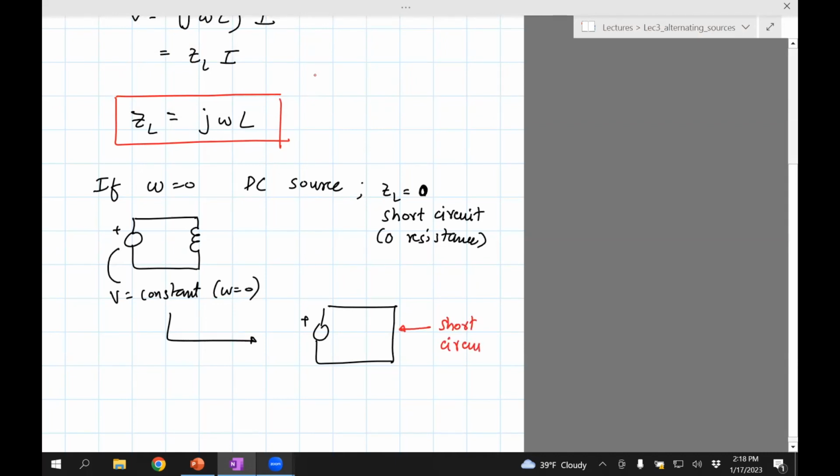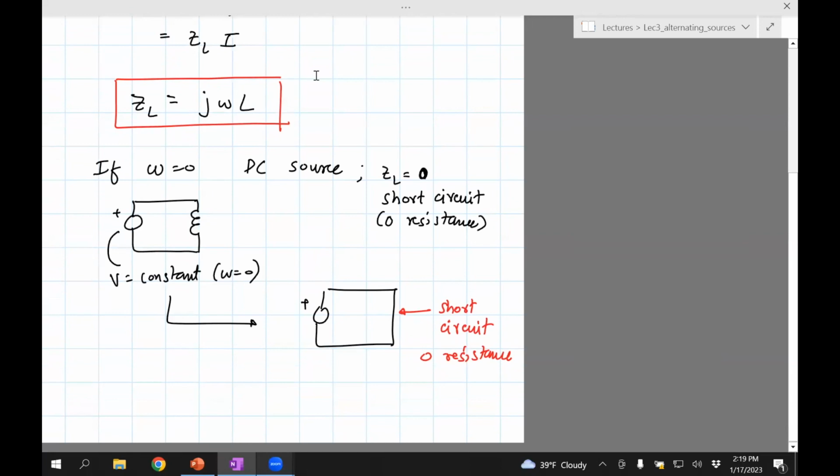Zero resistance is bad because now you're connecting the positive to the negative, and it will probably lead to unpleasant things. It could even blow up the power supply. So you don't want to connect the positive to the negative without connecting to some load or some resistance. So never connect an inductor directly to a voltage source because it leads to a short.